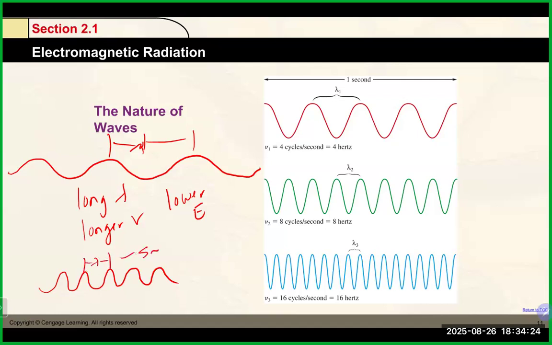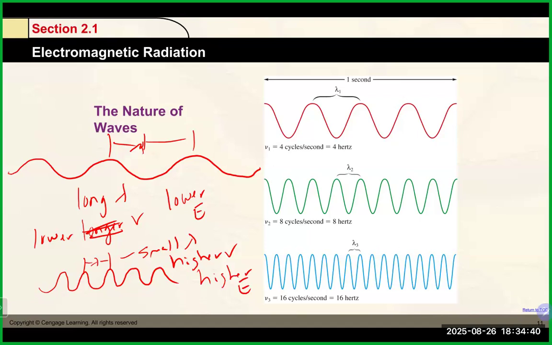A smaller wavelength usually results in a higher frequency, and that also is higher in energy.